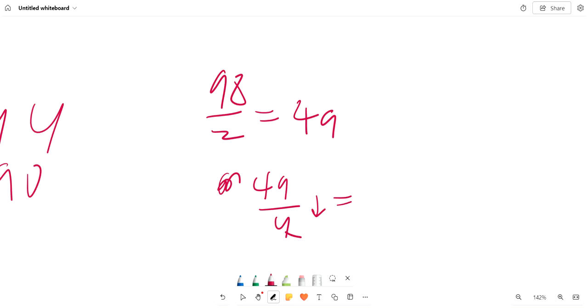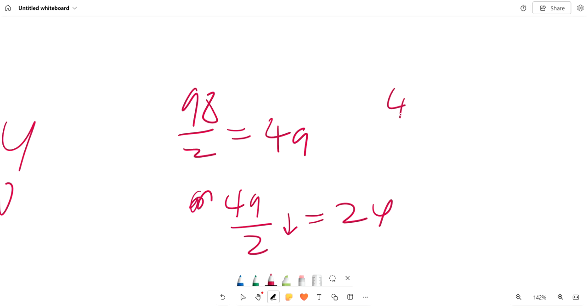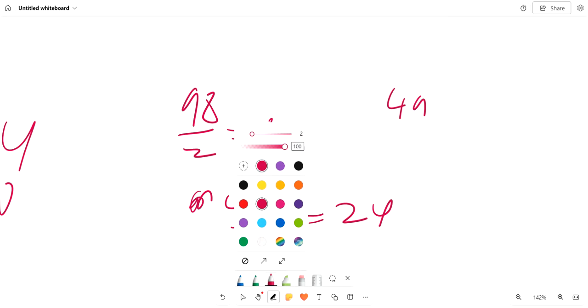Sorry, 49 over 2, I mean, because this is even integers, not all of them. And we get 24. And then we subtract these and we get 49 minus 24, which is 25.